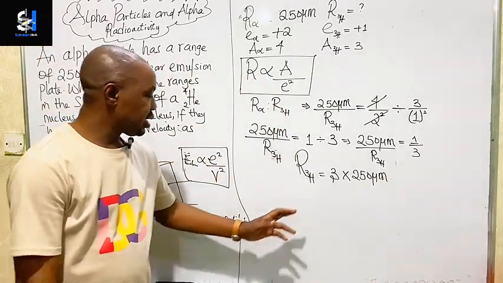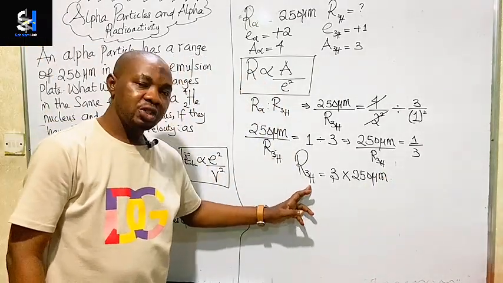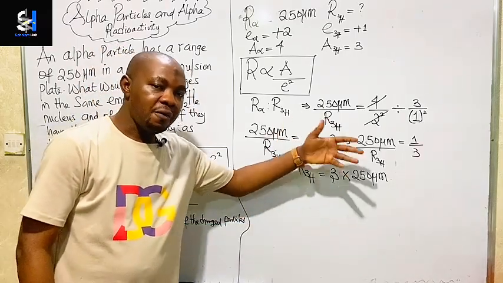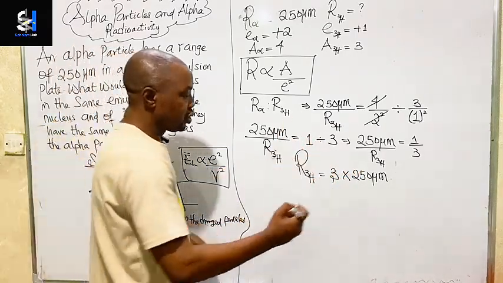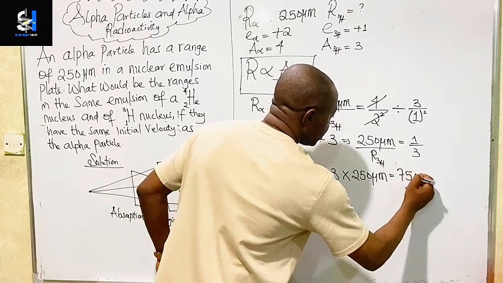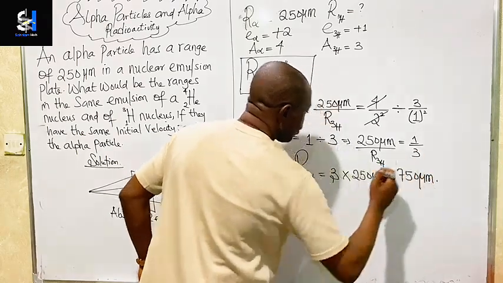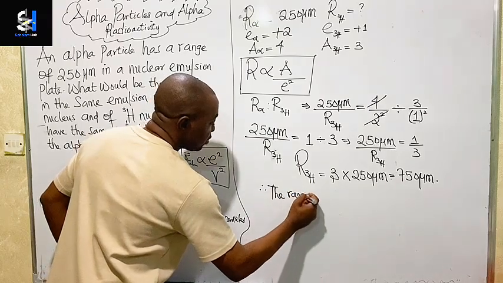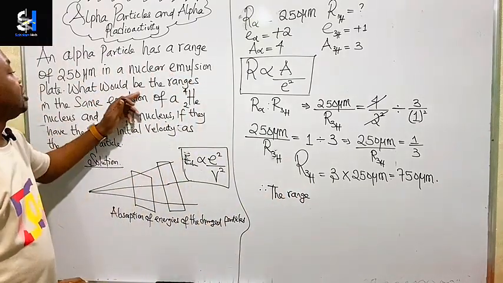So we can see that the range of the tritium nucleus is 3 times that of the alpha particle. This gives us 750 micrometer.